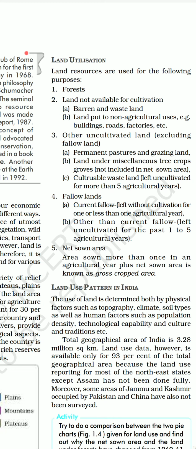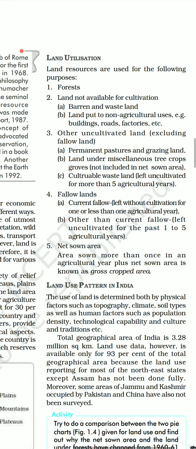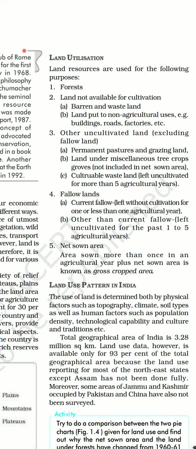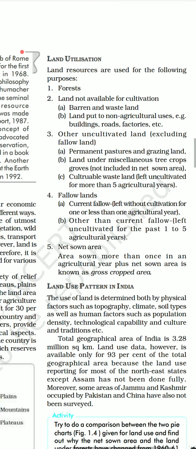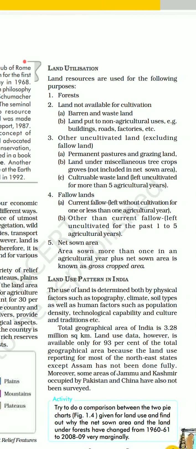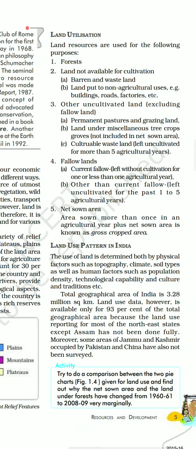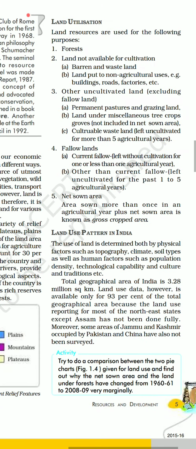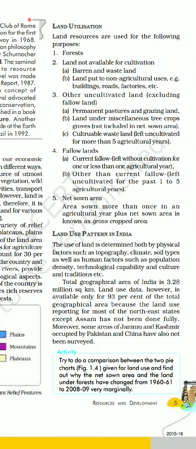Then move on to fallow land. Fallow lands are those lands which are meant for agricultural purpose, but due to certain reasons agriculture has not been performed for several years and the land is completely empty. Such land is known as fallow land. The next point is net sown area. Net sown area is the total area where crops are sown, which means the land is functional for agricultural purpose.